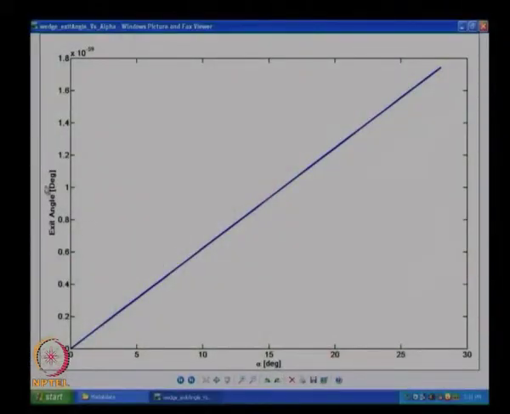I am plotting the exit angle, the delta, the downward angle, the downwash angle if you want to think about, versus alpha, the angle of attack, for a 10-degree in all directions wedge. Okay. For a flow of Mach 2, what I am seeing is number is increasing slowly. In fact, it increases almost very linearly, and the quantity is 10 power minus 59, 10 power minus 59 degrees.